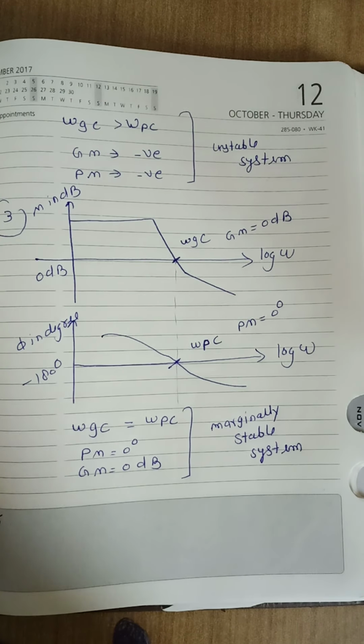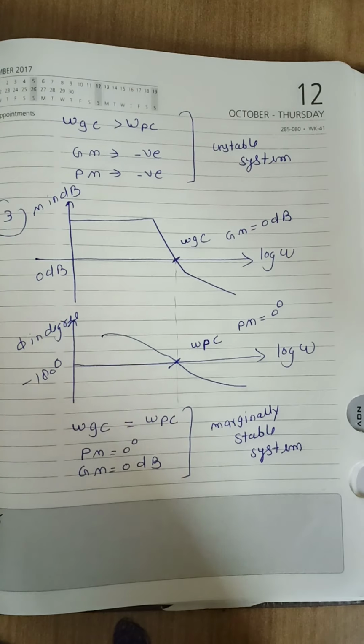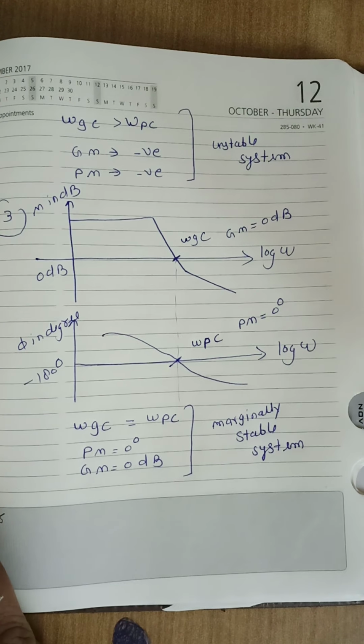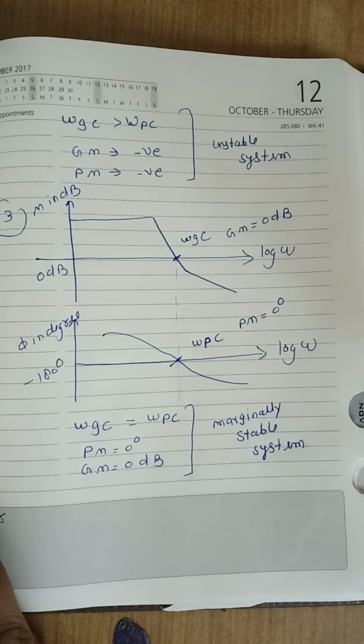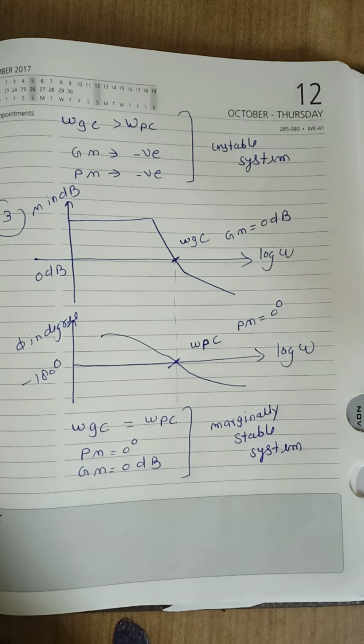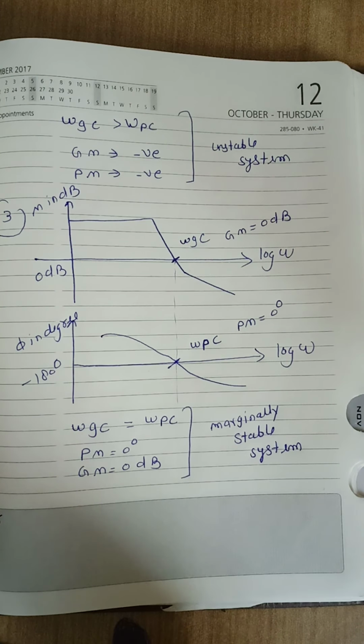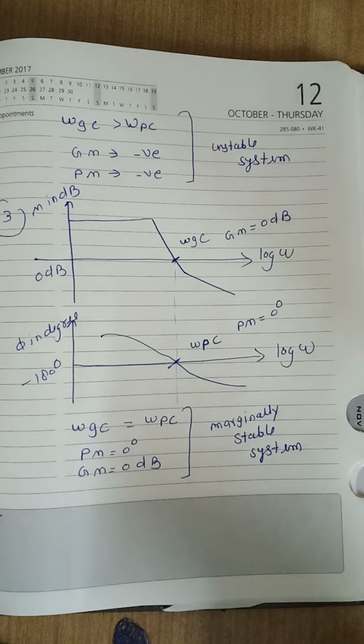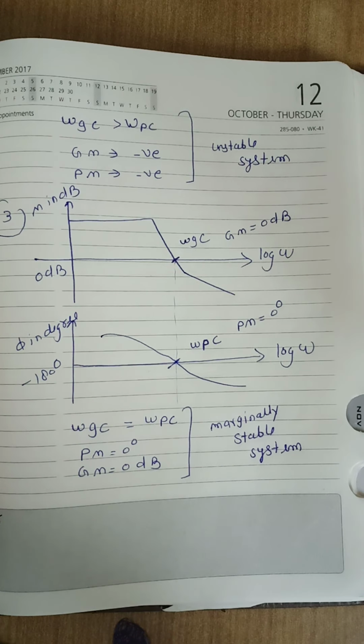So first, according to the transfer function, we will check the conditions for the Bode plot. That means, can we draw the Bode plot for the given transfer function, yes or no? We can check the conditions for the Bode plot.